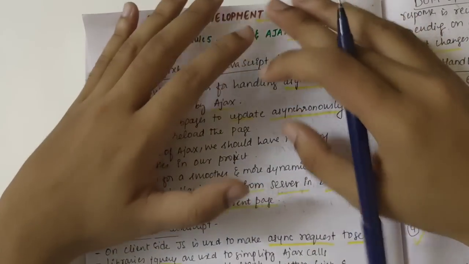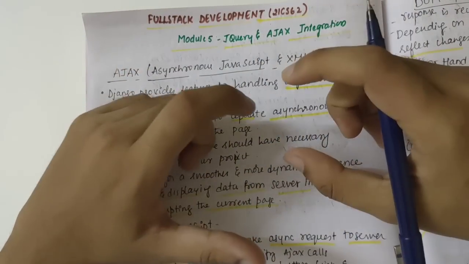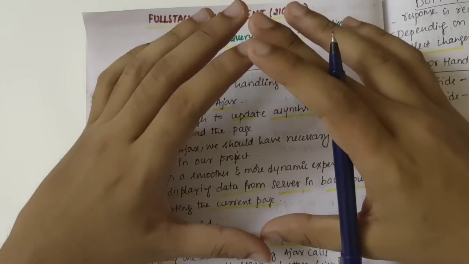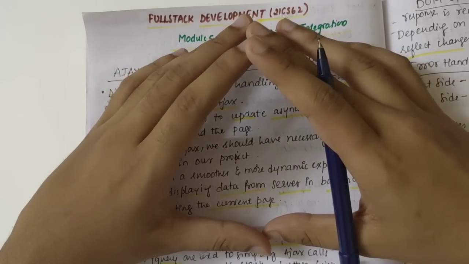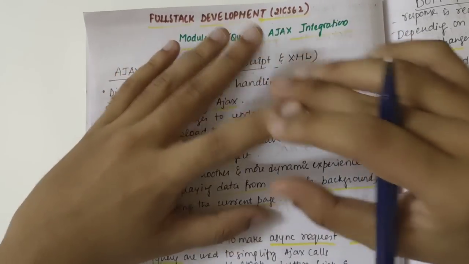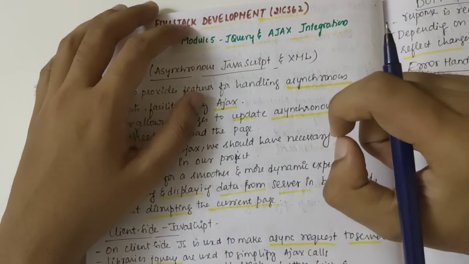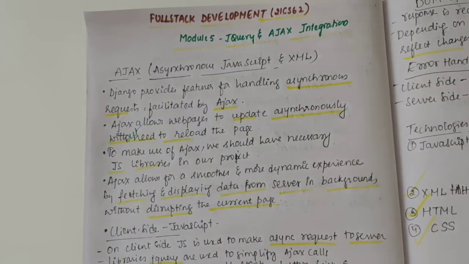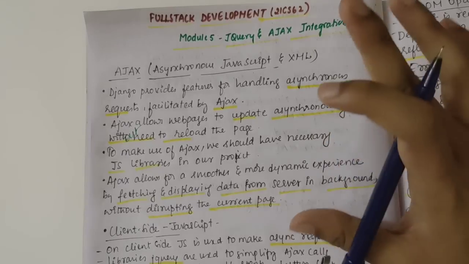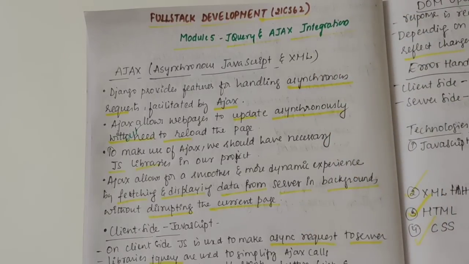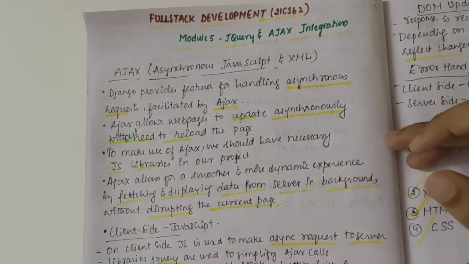One more thing, guys, make sure that for each and every topic, if there exists any snippet of code related to that, make sure that you write it, because only if you write the code will you get weightage. Many of you had asked me if I study only theory questions, is it enough? No guys, clearly understand that full stack development is like a practical subject. You have to run the programs.